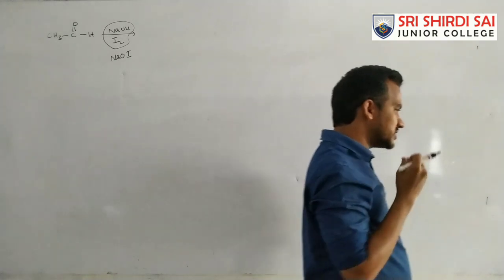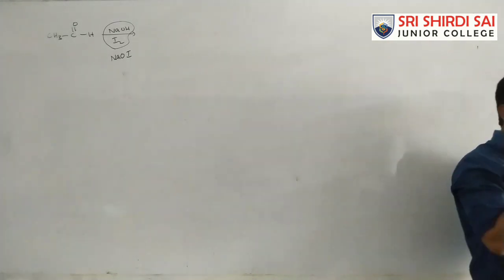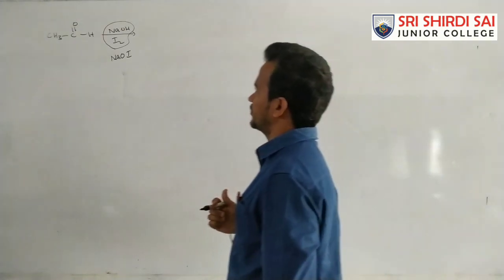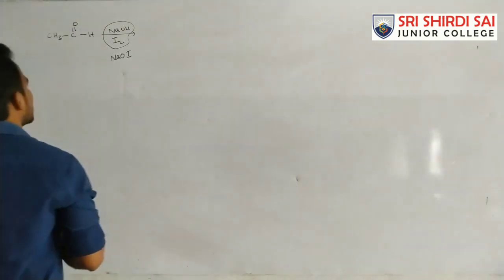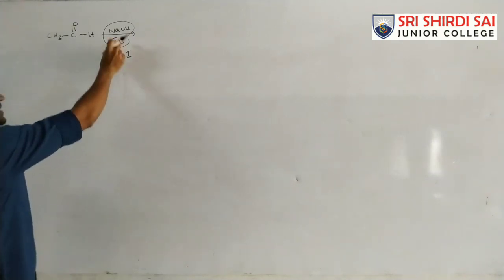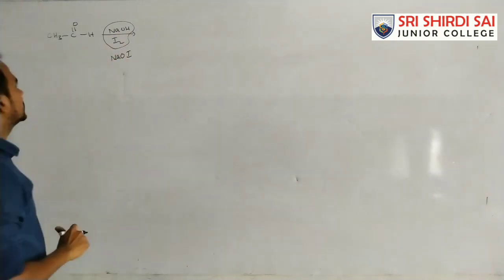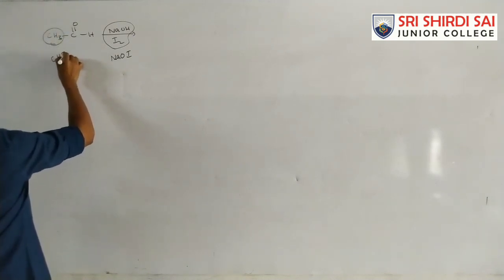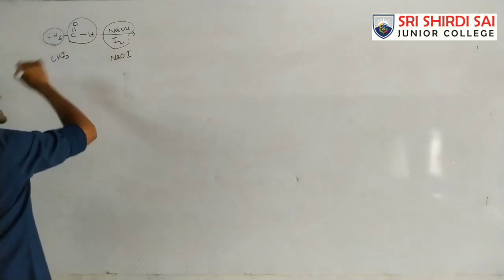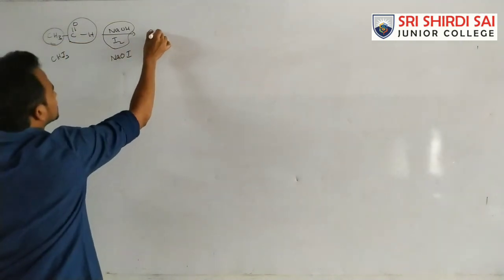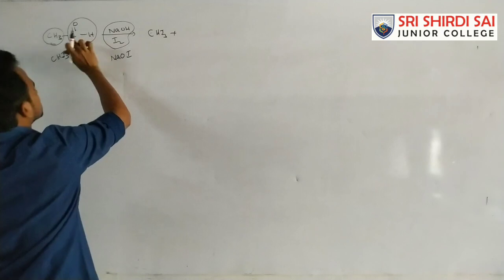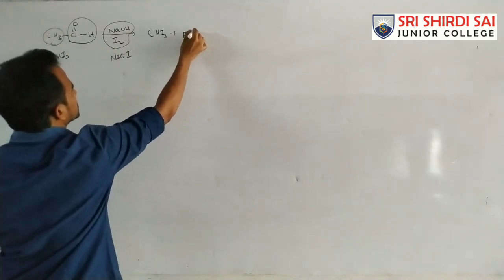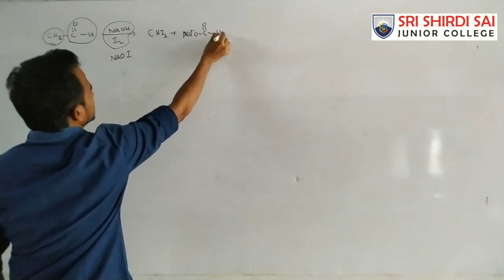By the reaction of NaOH and I2, NaOI is produced; it is a representation for the combination of NaOH and I2. In this case the methyl group is converted to CHI3 and the rest is converted to the acid. So the products are CHI3 and Na plus O minus C double bond O H.